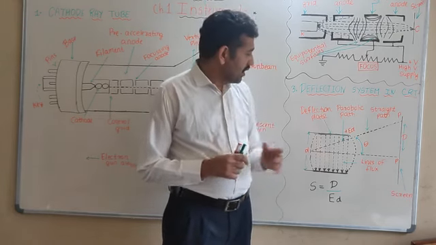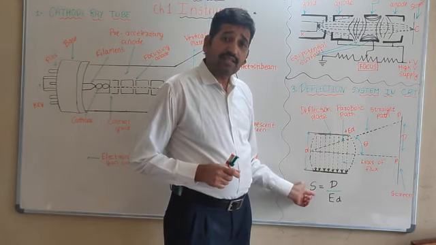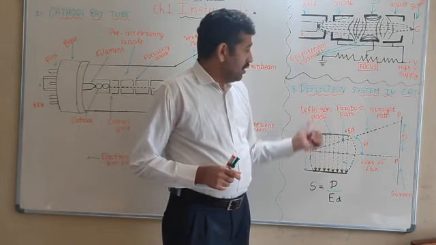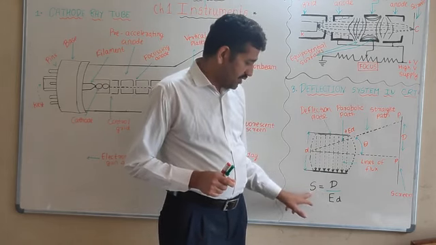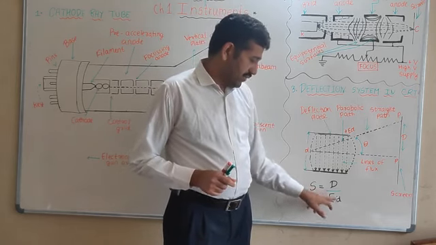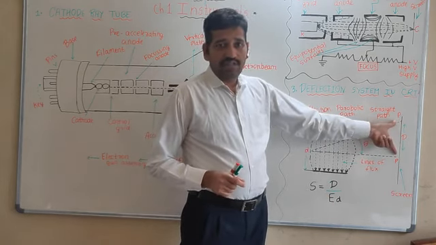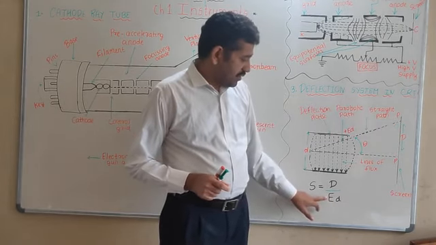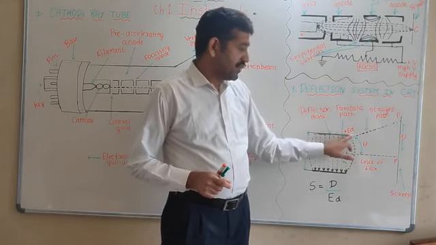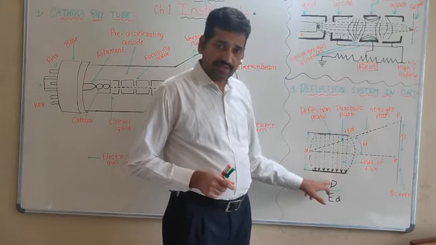Now, how can we determine the sensitivity of the electrostatic deflection system? By using this formula, S equals D upon Ed, where D is the distance of the deflection and Ed is the deflection voltage given to the deflection plates.